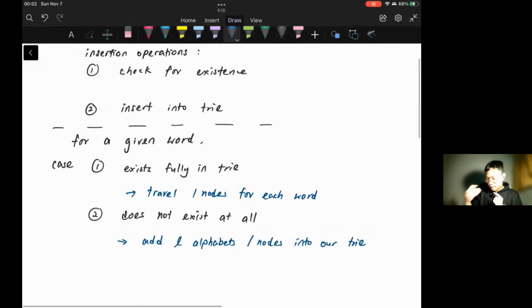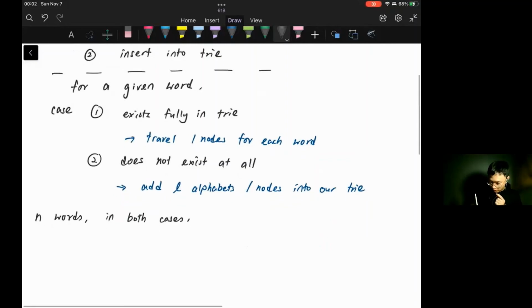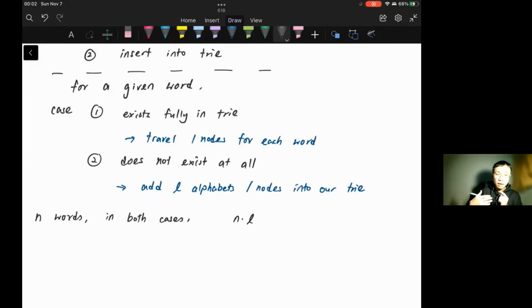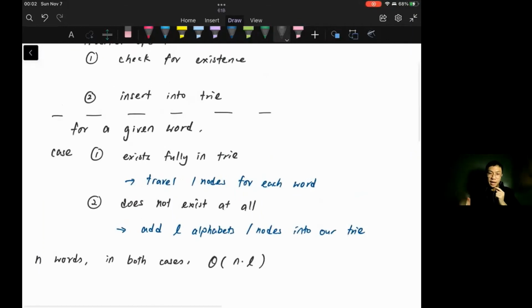So as you can see, in both cases, when we have n words, both cases will sum up to n times L, right? This means that our lower bound estimation equals our upper bound estimation, and they are all n times L. So we can summarize the runtime as theta of nL.